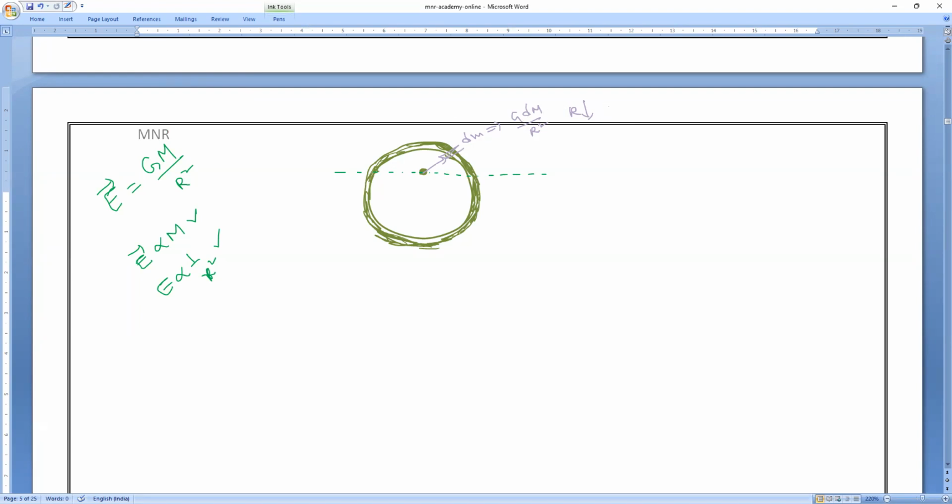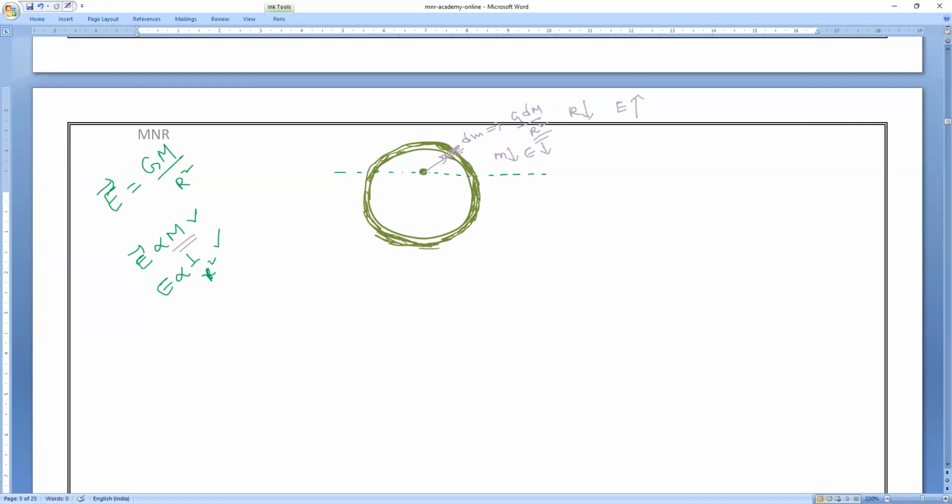Since r is less, and E is inversely proportional to r squared, is the E value more or less? More. I have chosen a small mass, dm. So as the mass decreases, E value also what will happen? Both are directly proportional. Mass decreases, E value also decreases. Understanding?